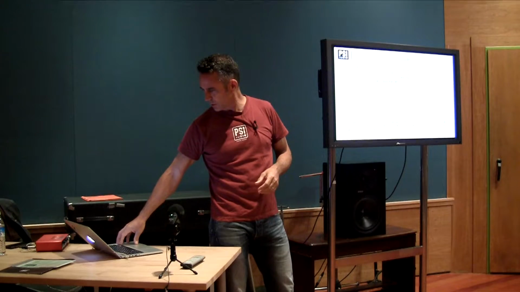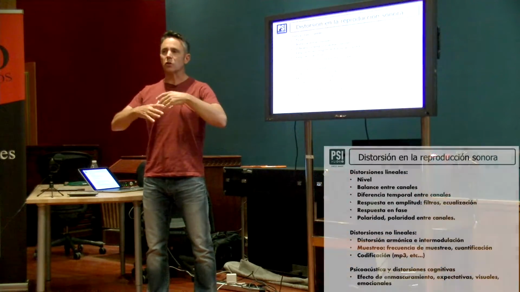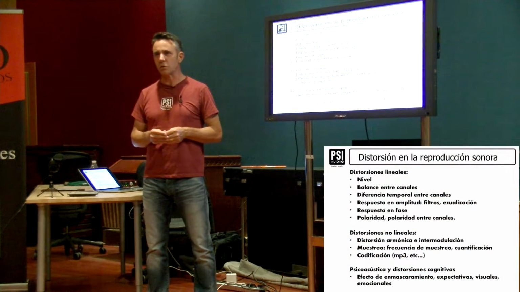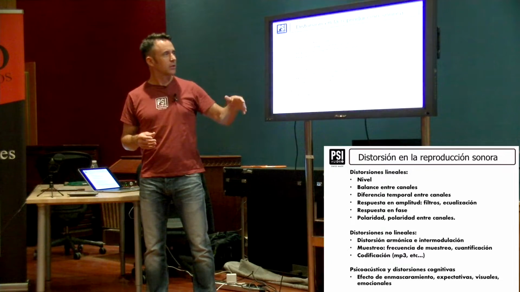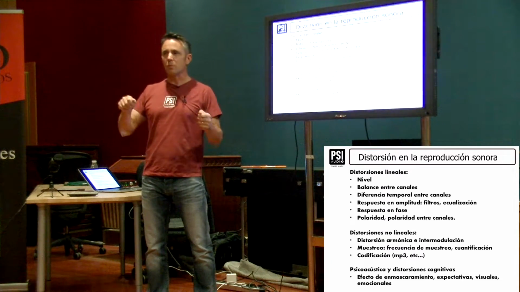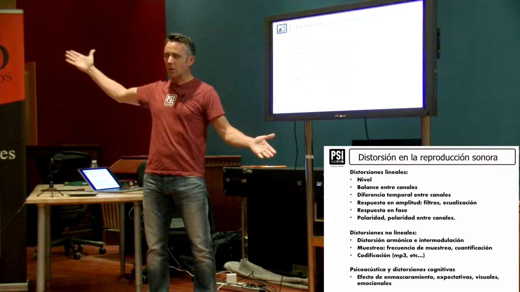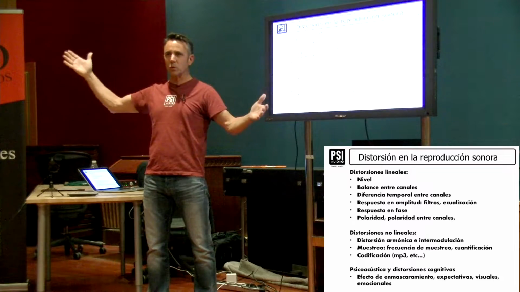Okay. Now, reproduction of sound: we try to reproduce sound as accurately as possible, and anything that changes the accuracy we call distortions, and there are lots of different types of distortions, you know that well. There are linear distortions that are the same when you put the volume up or down, put the pressure up or down, that can cover all the range of frequencies or some of it.